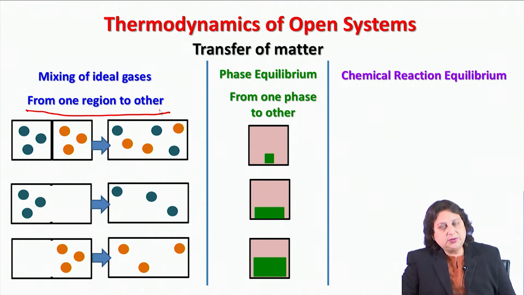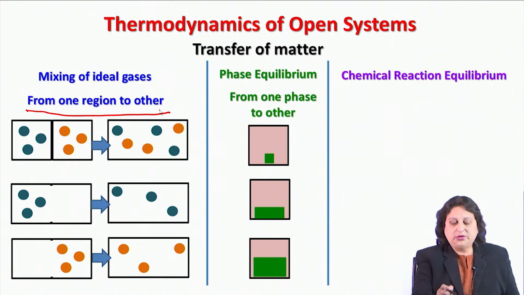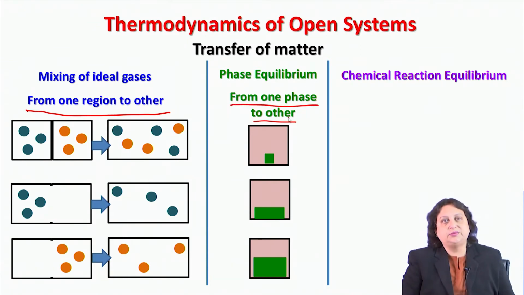Now when I talked about phase equilibrium, I was talking about transfer of matter from one phase of the system to the other, because the system under the given condition of temperature and pressure is unstable in one phase, and thermodynamically it will have two phases coexisting in equilibrium.